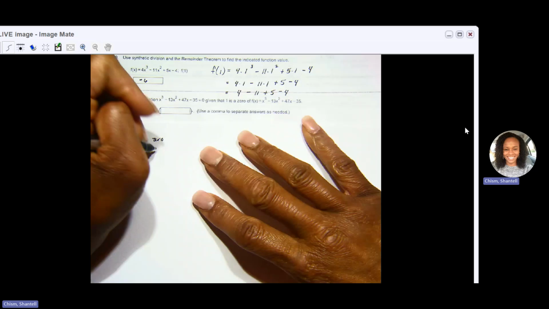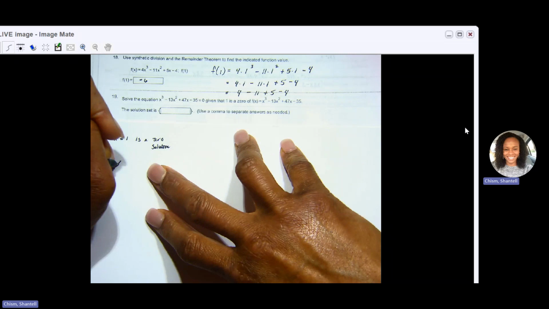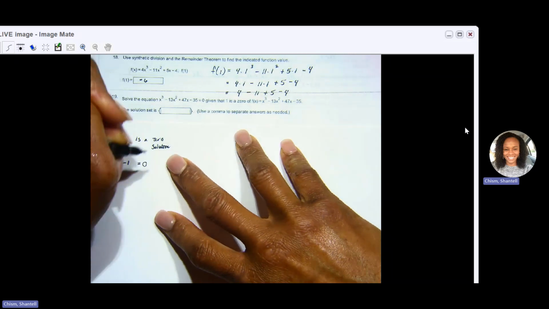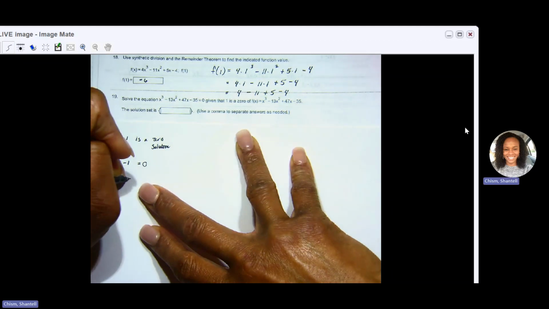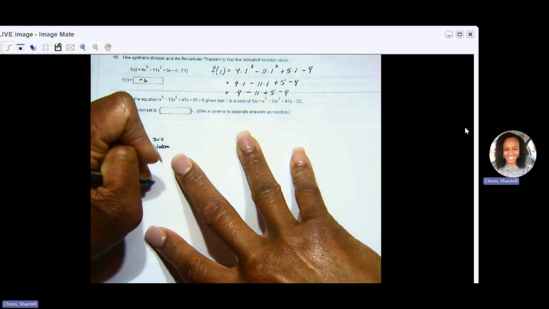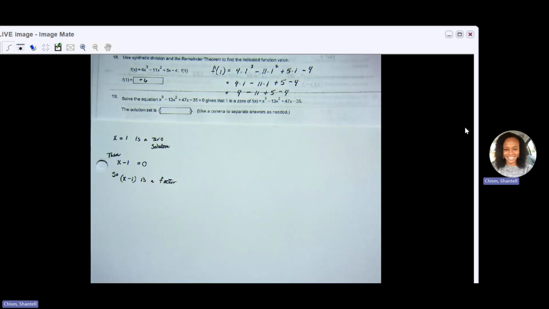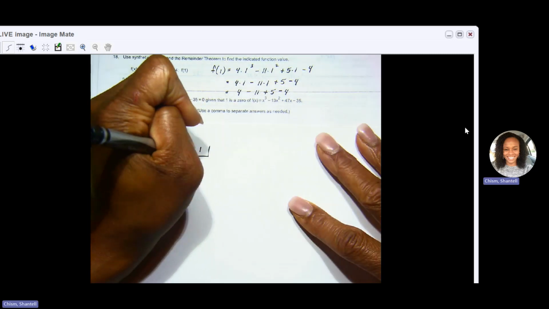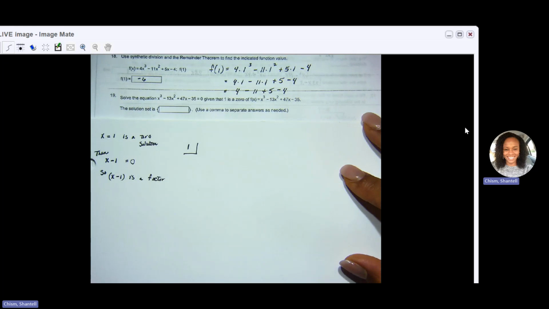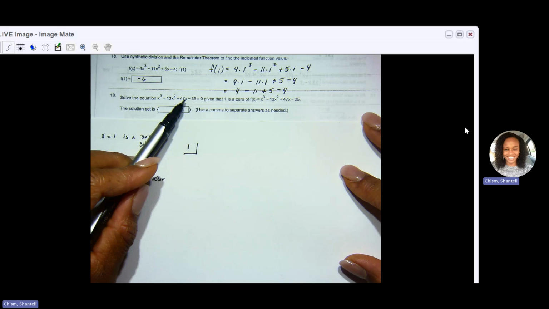Now, if x minus 1 is a 0, which again is just another name for a solution, then the binomial x minus 1 is a factor. That's what that means, okay? So what we're able to do is take that 1, box it off, and use it in synthetic division to divide out into this equation.